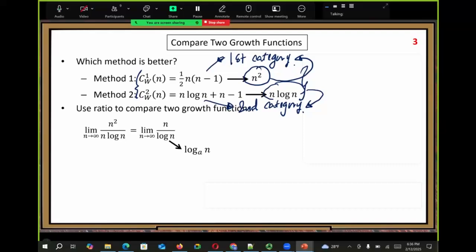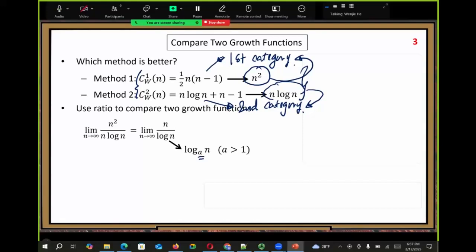But in calculation we may need to use the base. Here we choose an appropriate base a, and this a should be a real number greater than 1.